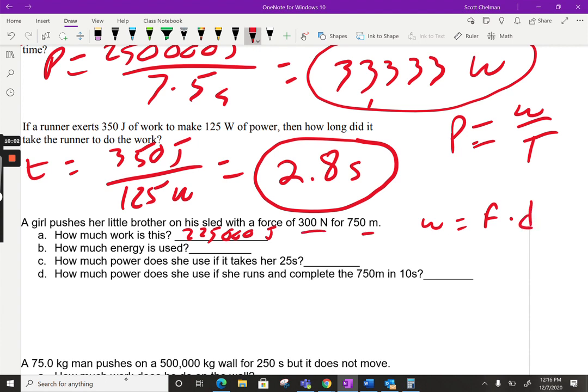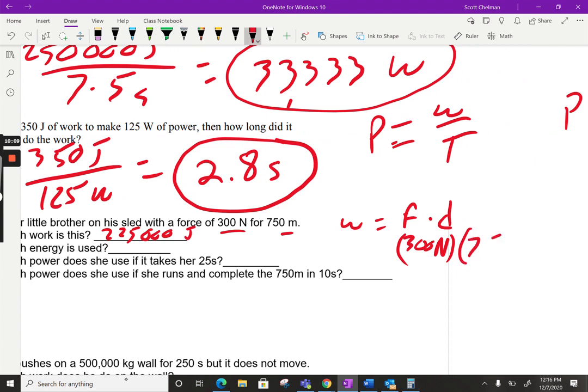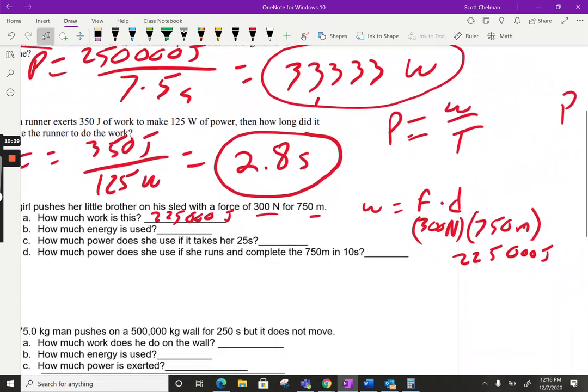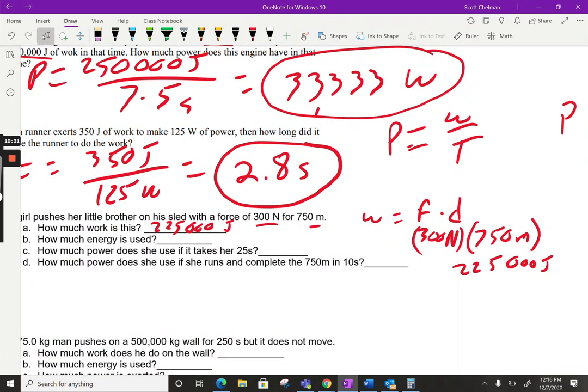So you have 300 newtons times a distance of 750 meters, and that's going to get 225,000 joules. Okay? Yep, just multiply the two.